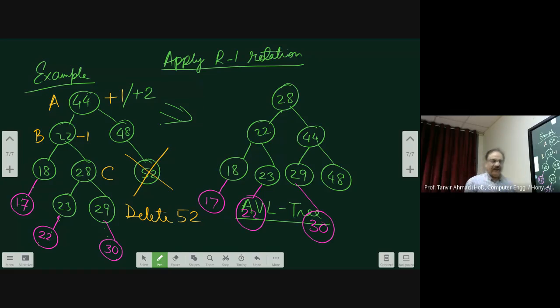But if this is the case, there would have been a node over here also. Because if you are putting, say, 22, 30, 17, you cannot stop at 52 because at that time it was not balanced. Therefore, this might be supported at 60. And in that case, this will be also 60.